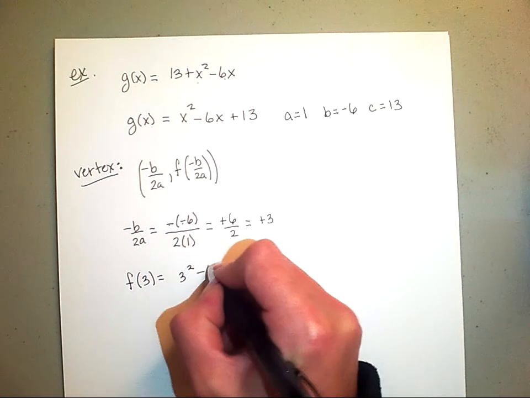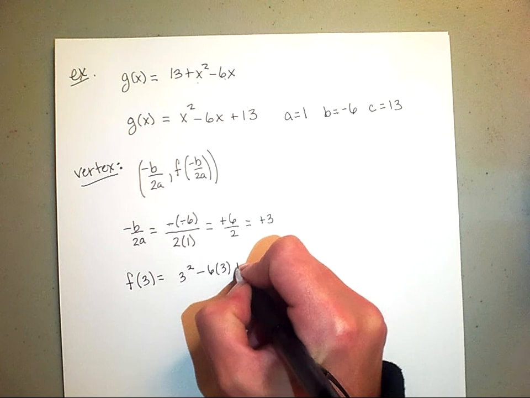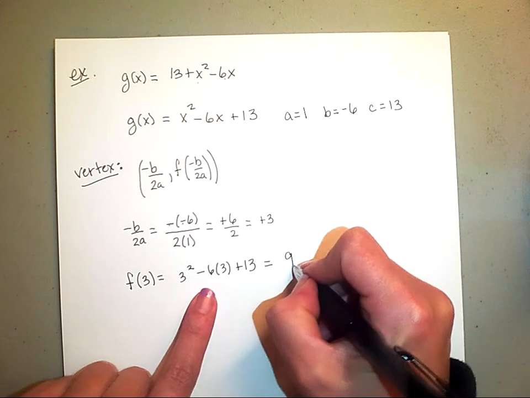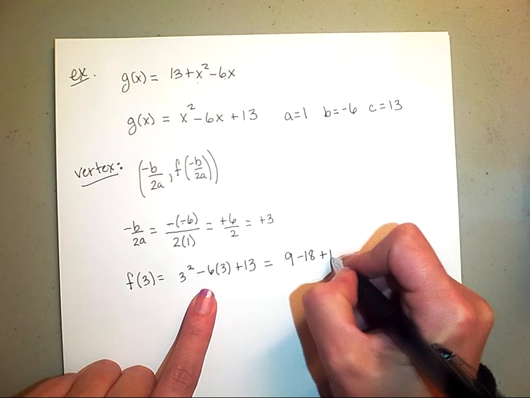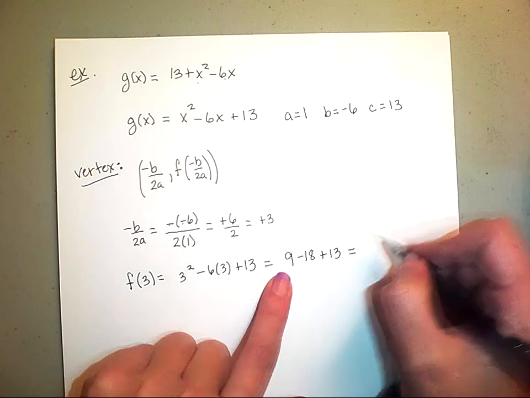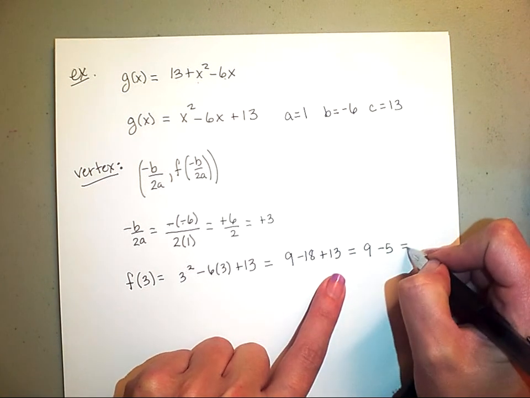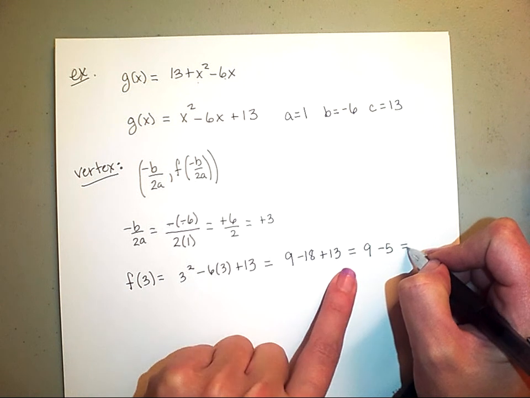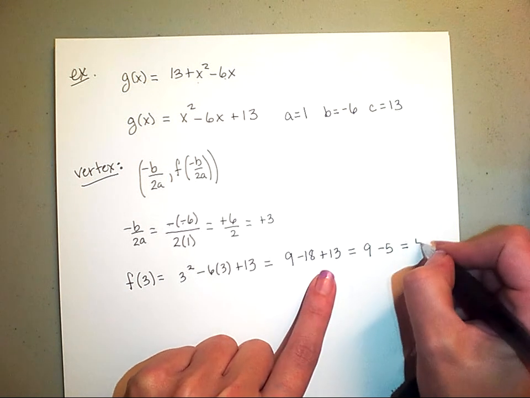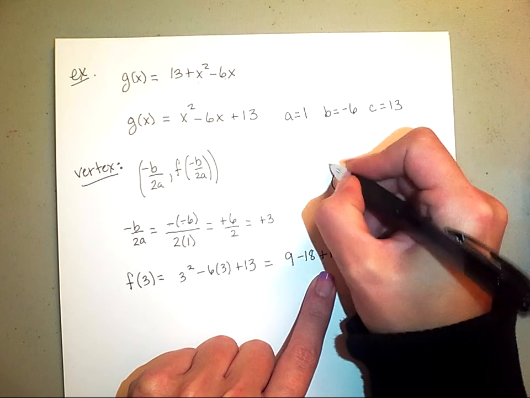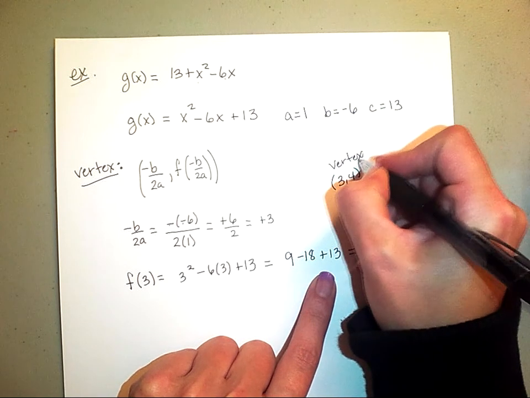Get 3 squared minus 6 times 3 plus 13, which is equal to 9 minus 18 plus 13, which is 9 minus 5. Negative 18 plus 13 is minus 5, which is 4. So we get the ordered pair 3, 4, and this is the vertex.